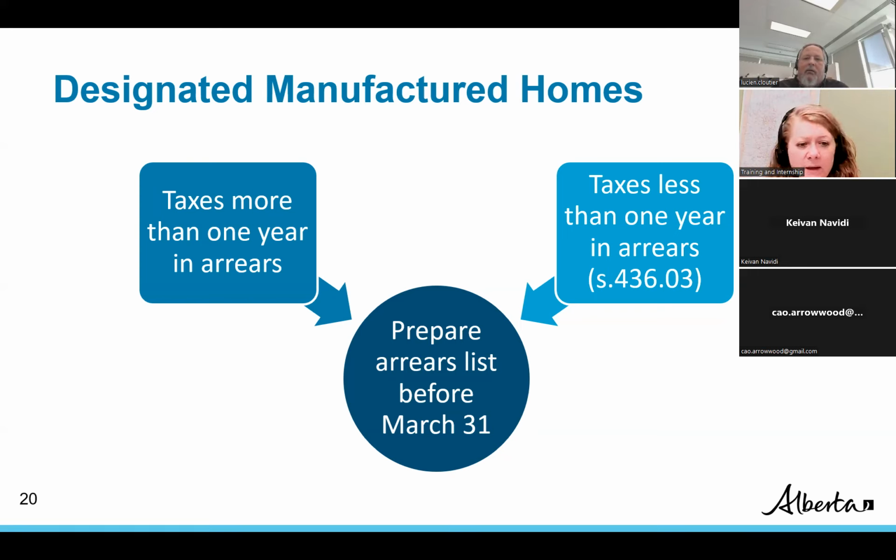Basically you'd want to make sure your policy is consistent from year to year and that everyone is treated the same, like all DMH owners would be added after 1 year, unless you have a policy in place. If no such policy decision is made, then the default timeline is the same as the tax recovery related to land, so for more than 1 year.